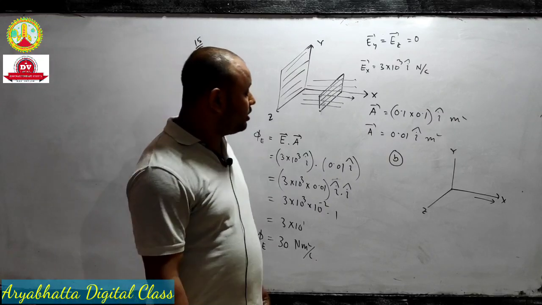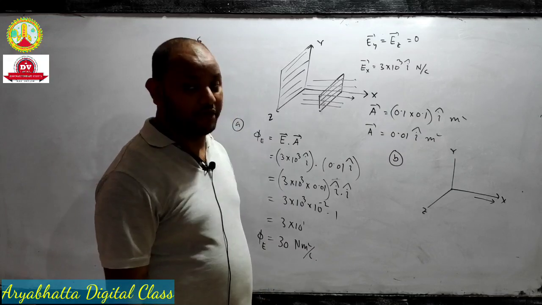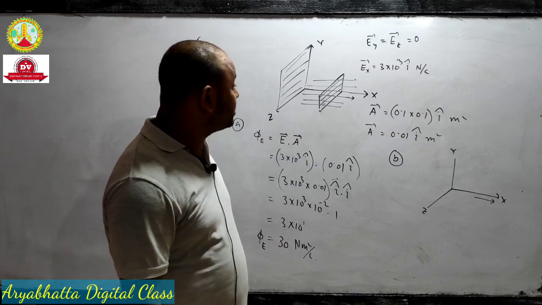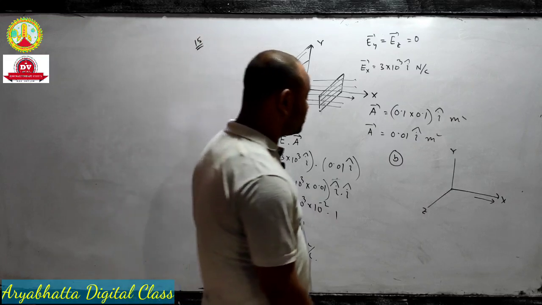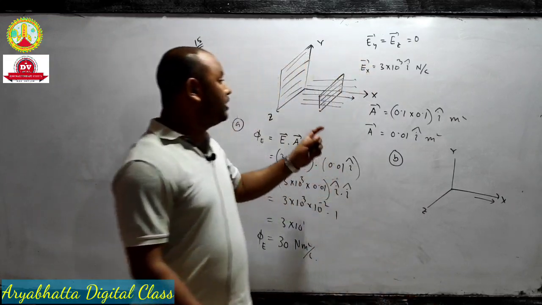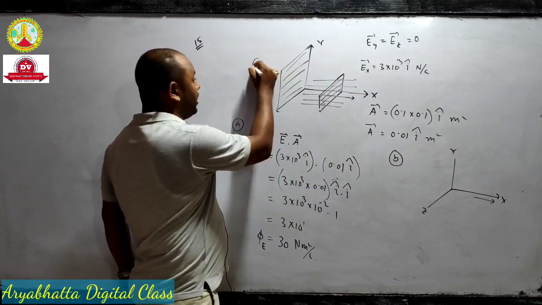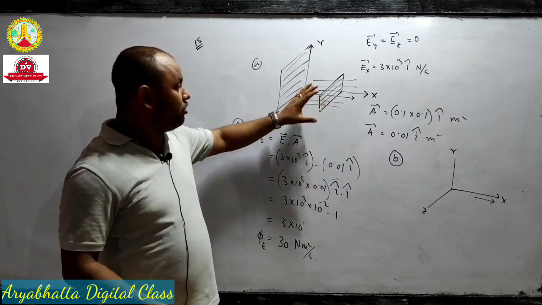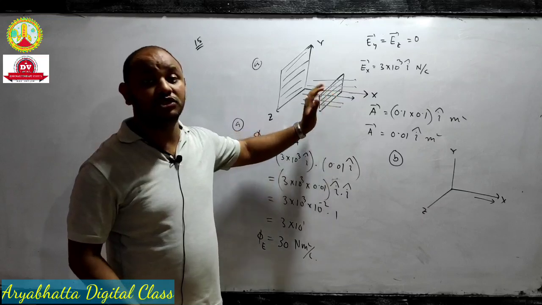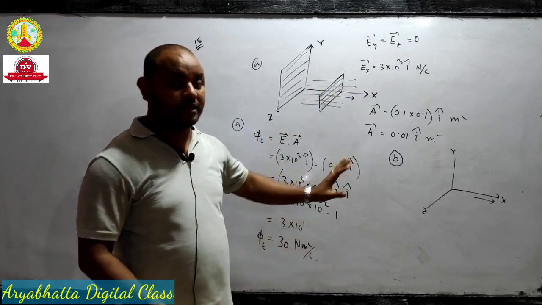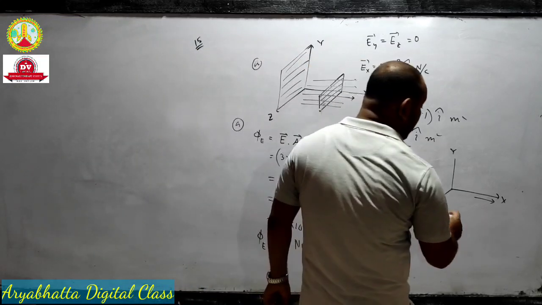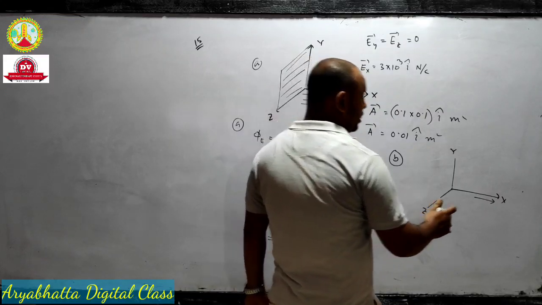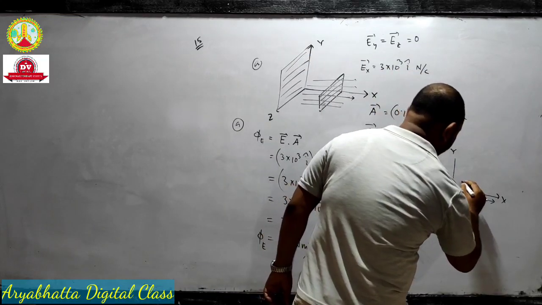And if the normal to the area vector is making an angle 60 degree with x-axis, suppose initially in question A, the angle between area vector of this surface and x-axis is 0 degree, and this time the angle between area vector and x-axis will be 60 degree. This time this is the area.